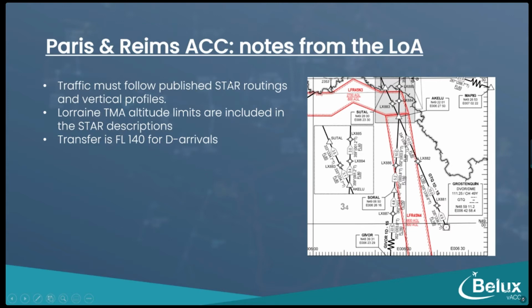Traffic must also follow published star routings and vertical profiles until they are within your TMA. So that means they should be following it until they are in the TMA. Lorraine TMA altitude limits are included in the star descriptions. So like we said before, there's a TMA lying over here approximately, and we see that we have the minimum levels over here.